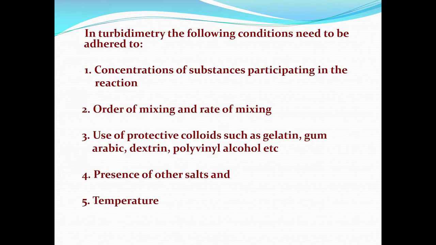I can take the reagent first, add a stabilizing reagent, and then add the metal, add the buffer, etc. You can prepare the precipitate in 4 factorial ways, but it is important in all turbidimetric methods that the order of mixing should be exactly the same for the standard and for the sample. Otherwise there will be variations in the absorbance measurements.